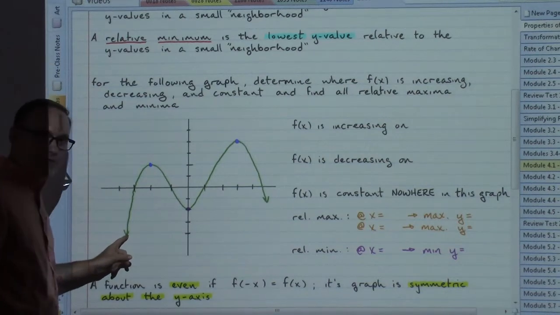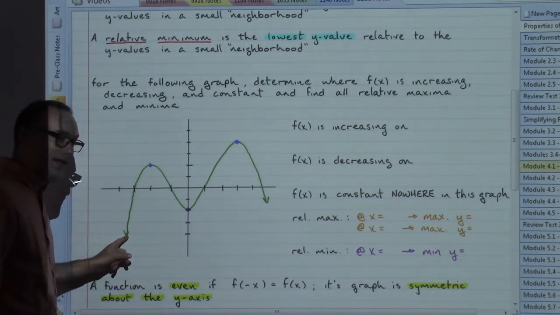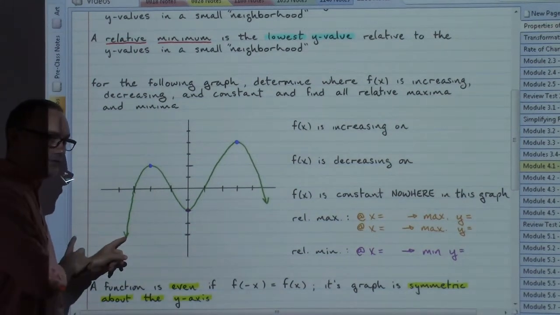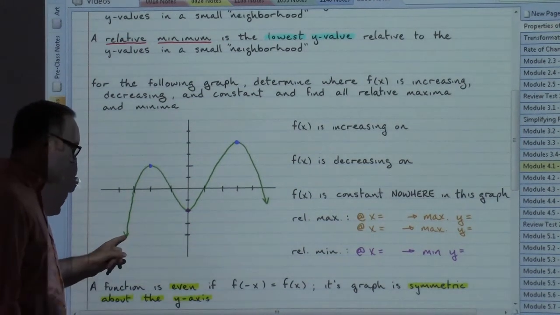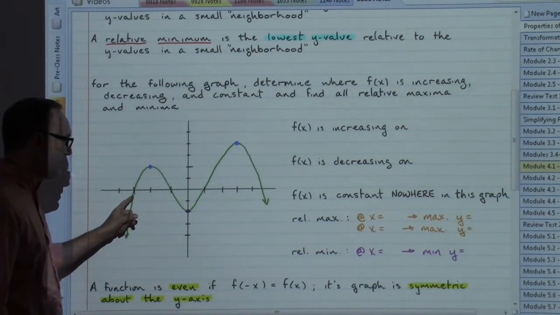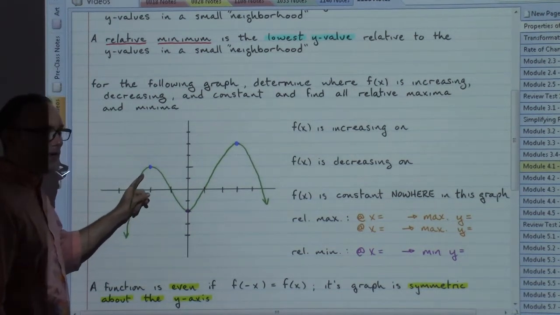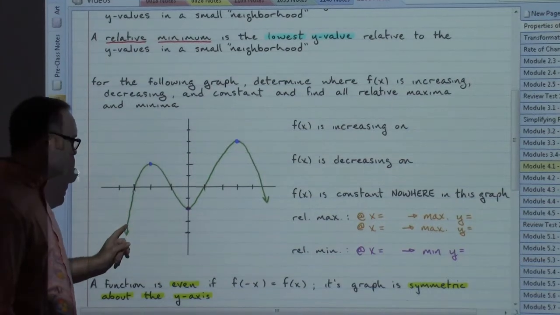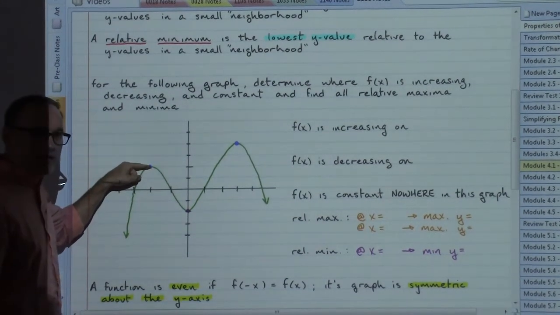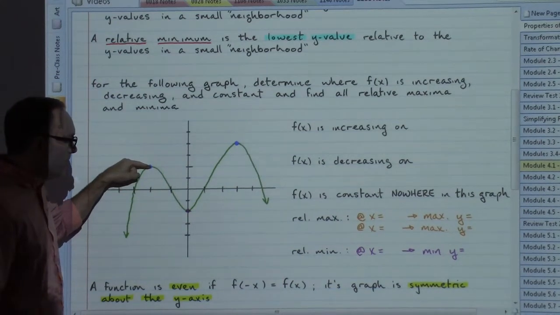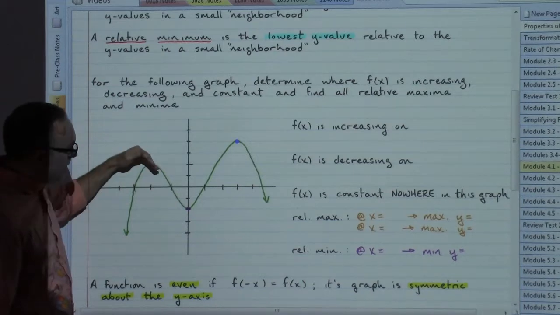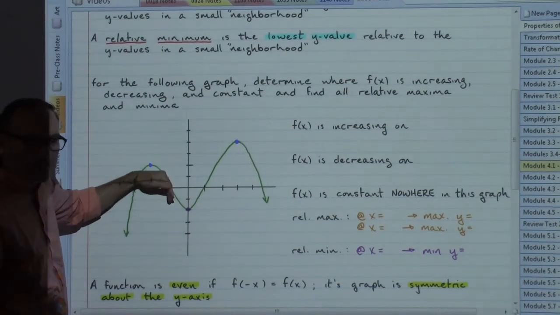So if we just start here with this arrowhead, we know that that's going to keep going down, but we want to move to the right. So as we start moving to the right, we're tracing along this with our finger. What is our finger doing? Is it going up? Is it going down? Or is it staying level? Well, it's going up. Then we hit this spot right here where we move from going up to then going down.